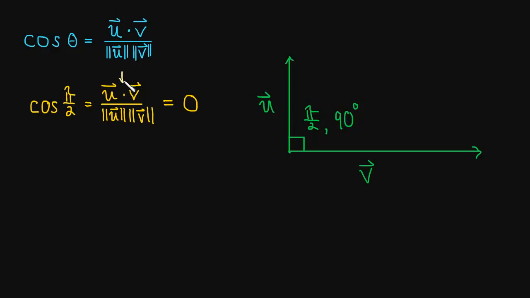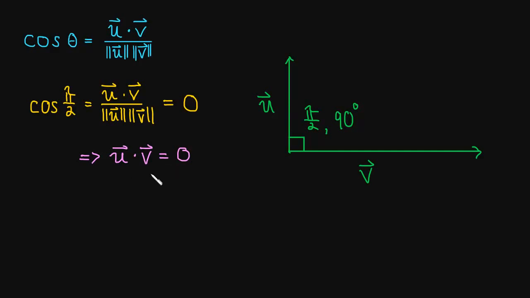Well, that tells us that u dot v must be equal to 0. So this implies that u dot v is equal to 0. And that's because the denominator here will never make this fraction 0. Okay, so if the vectors are orthogonal, then the dot product is 0.